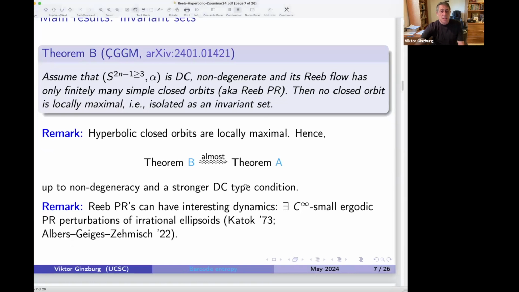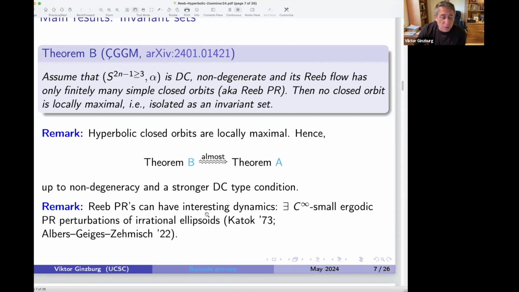So about Reeb pseudo-rotations, the point is that just as for Hamiltonian diffeomorphisms, they can have very interesting dynamics. It's a small class of maps, it's a narrow class of maps, but they can be extremely interesting. The first examples here, or the main examples here, go back to Katok in 1973, and there are also constructions in dimension 3 of Albers, Geiges, and Zehmisch.